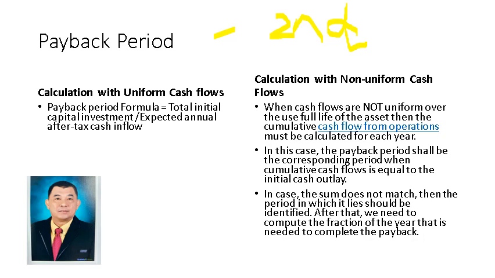Let's start. So you can see here that this particular payback period, one is a uniform, the other one is non-uniform cash flow. Let us explain this in layman's terms.